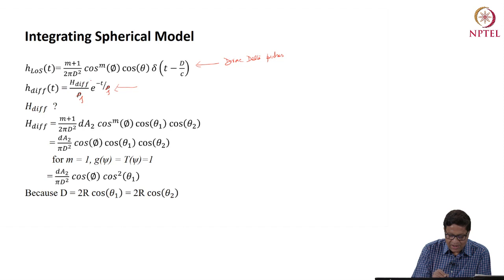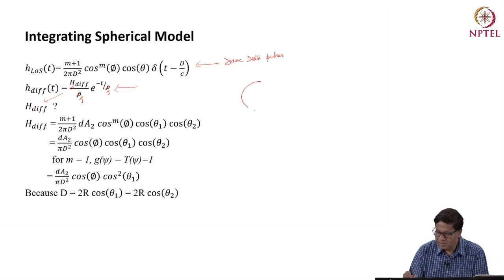So how do you find the impulse response for the diffuse case? We need to find this H_diffuse. So H_diffuse, I assume, is based on a spherical model. So if I assume there is a sphere, and this is the center, and there is some area dA1, for example, and then some area dA2.